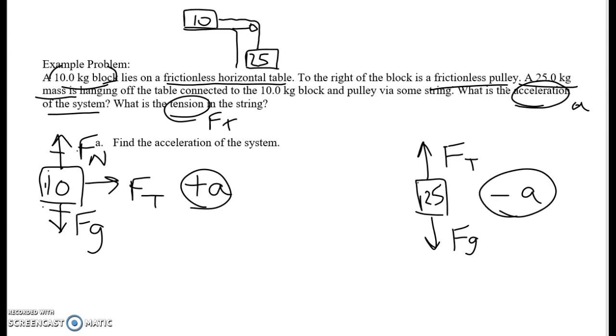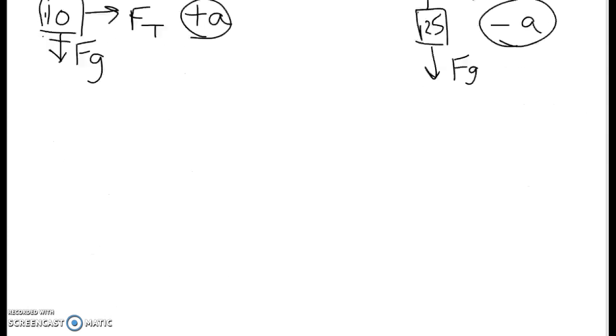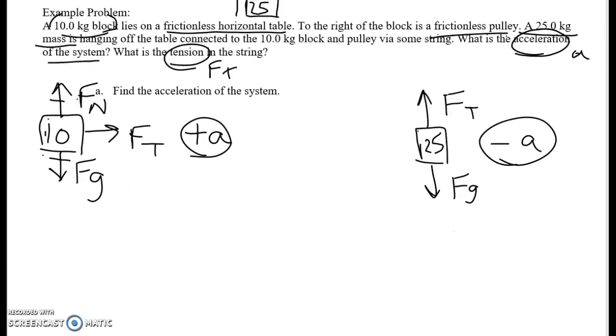Okay, so after I have my free body diagrams and I visualize the problem, the next thing that I am going to do is write a Newton's second law equation in each direction for both masses. So in the x direction, I'm going to sum up the forces. In the y direction, I'm going to sum up my forces.